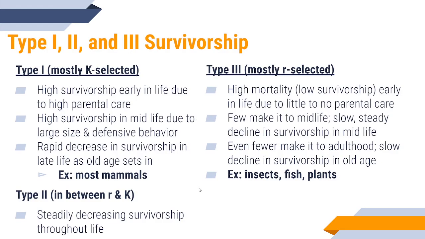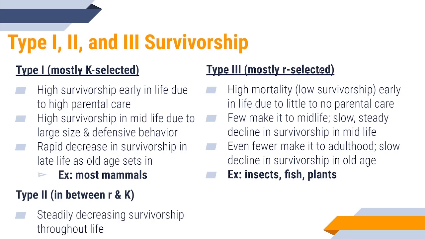Now, type 2 is going to be somewhere in between R and K, and the easiest way to think of it is just a steadily decreasing survivorship throughout life, meaning that not all organisms are guaranteed to make it through their full lifespan, but the longer you're alive, the more organisms from that population are going to start dying off, and we start to see scattered lifespans as far as age for those organisms that are in type 2.